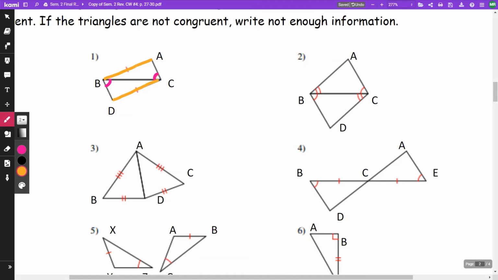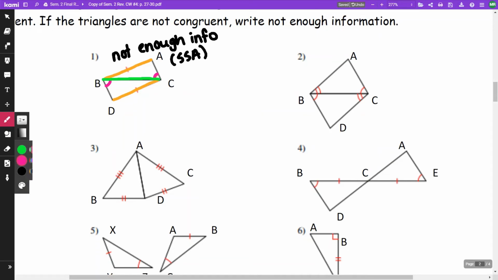Those are the only markings I have, but I do have this line BC, which is shared between the two triangles. But if you look at what I have, side, side, angle. So this one is not enough info. Okay, again, this was side, side, angle.